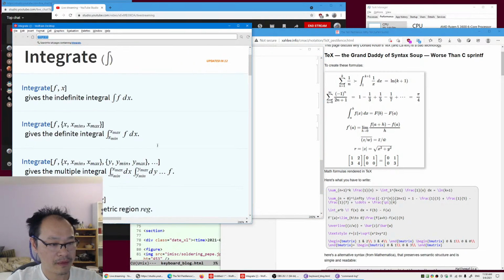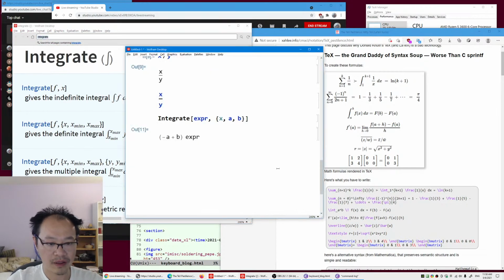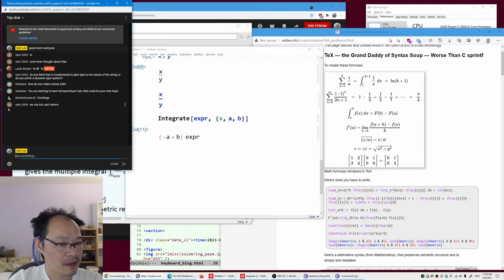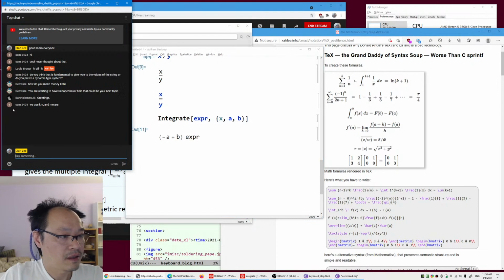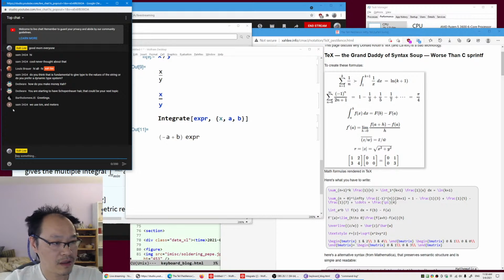Okay, I think I'm getting too slow, so let me check the comments. Hello, Luis. Cool, never thought of that. Do you think it is fundamental to give types to the values, or do you prefer a dynamic type system?